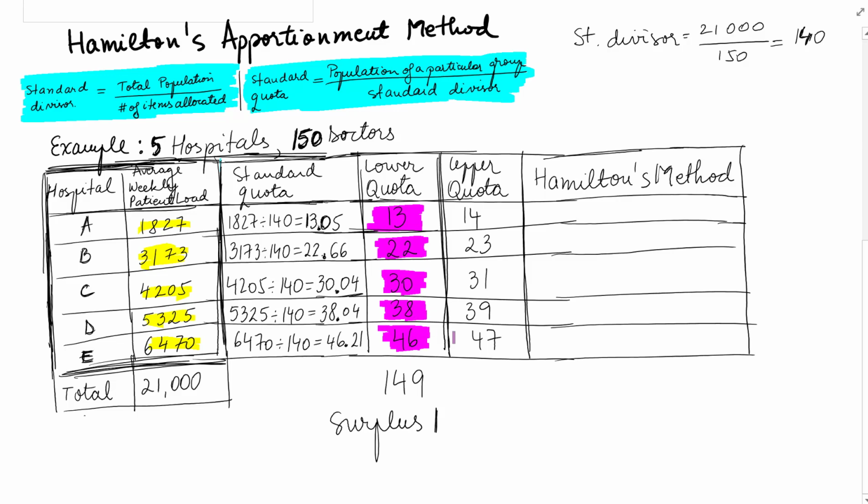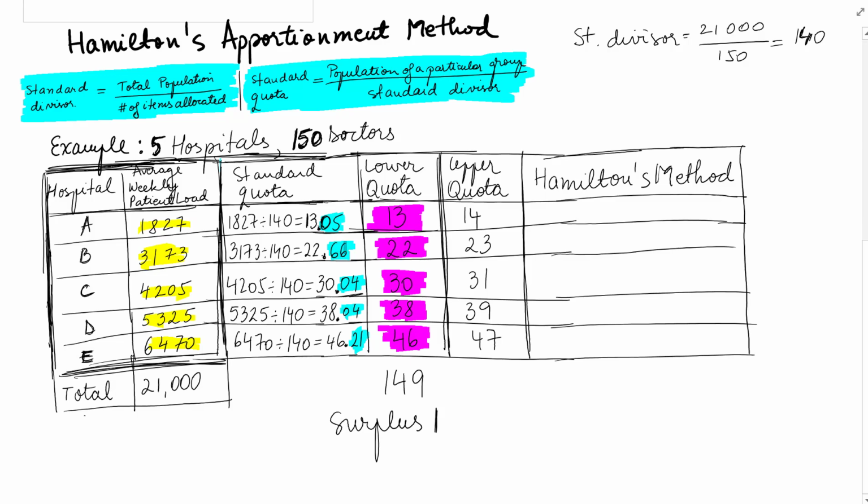Well, Hamilton's method says add the surplus of doctors to the values that had the highest decimal parts. So I'm looking at my standard quotas and I have 0.05, 0.66, 0.04, 0.04, and 0.21. So the highest decimal part is 0.66, the next one is 0.21, the next one is 0.05, and then the other ones are 0.04.